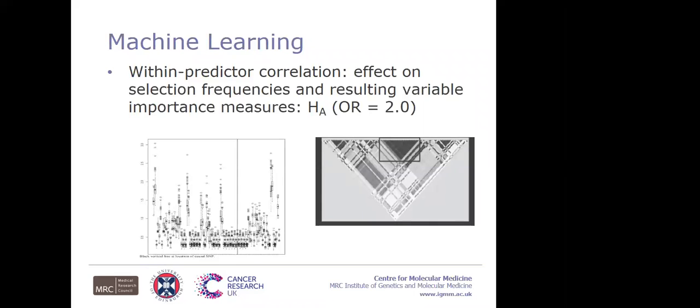So there's a software called Random Jungle that was developed by Andreas Ziegler and colleagues at the University of Lübeck. It says that it does the method that was developed by Yan Meng, but actually it doesn't. It doesn't do all of the things that are in the paper, and it doesn't select subsamples based on the LD matrix.